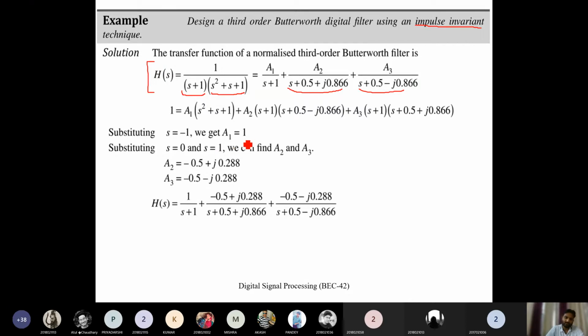From there we get a1 value equals 1, a2 value will be equal to this, and a3 value will be equal to this. So this is the only term that you need to have while calculating the constant values.